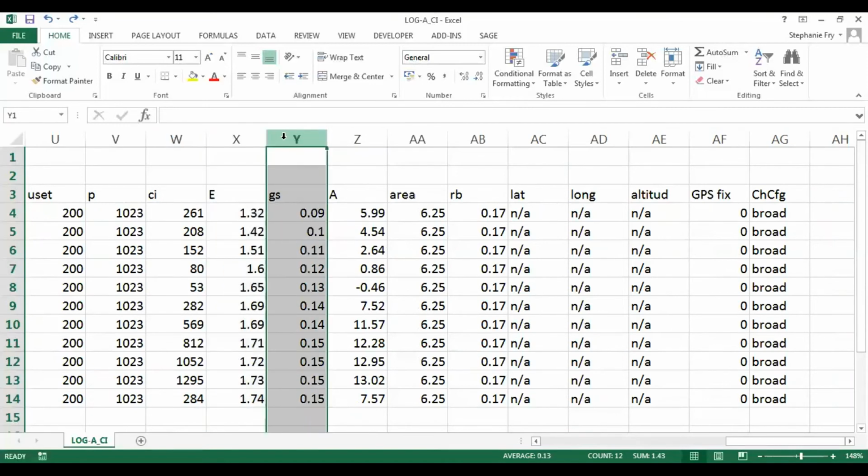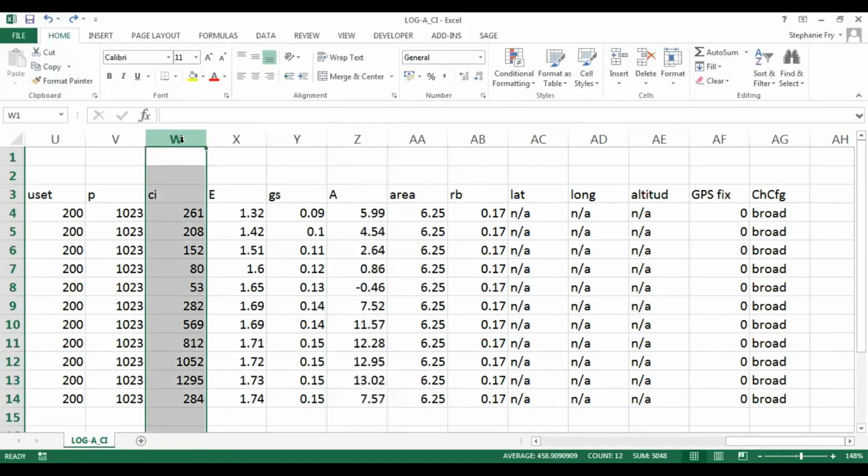GS is stomatal conductance, again in millimole per meter squared per second. A, rate of photosynthesis in micromole per meter squared per second. These values were used in the graphical plot along with the CI values.